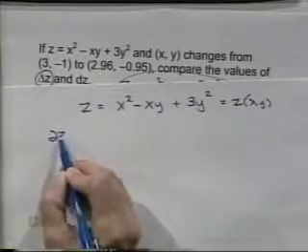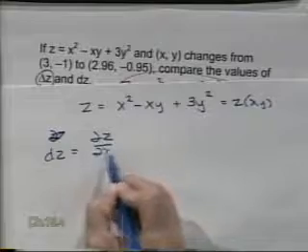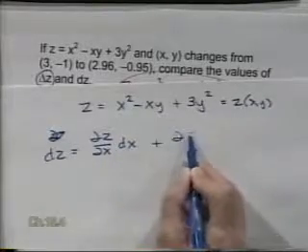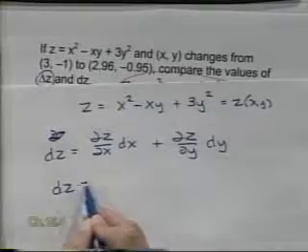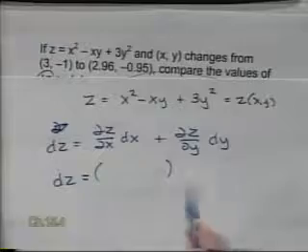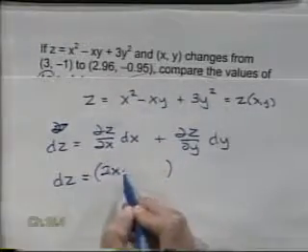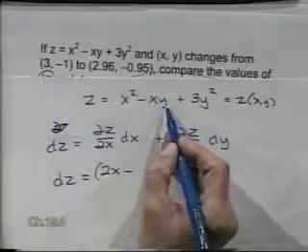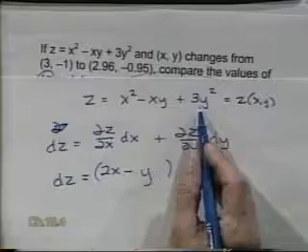So dz is the partial of z with respect to x, dx, plus the partial of z with respect to y, dy. So dz is going to equal, let's see, what's the partial of z with respect to x? Partial of x squared is 2x. Partial of xy with respect to x is y. Partial of y squared is 0.